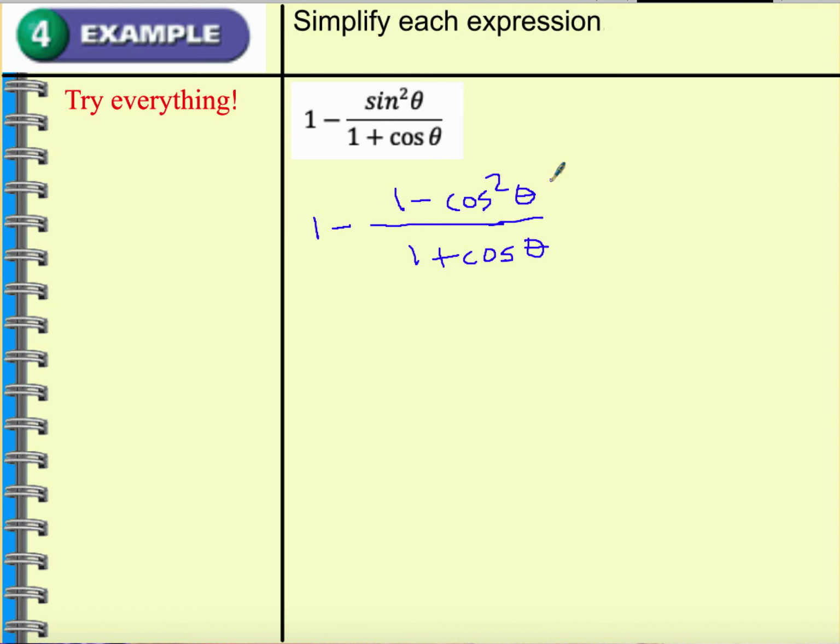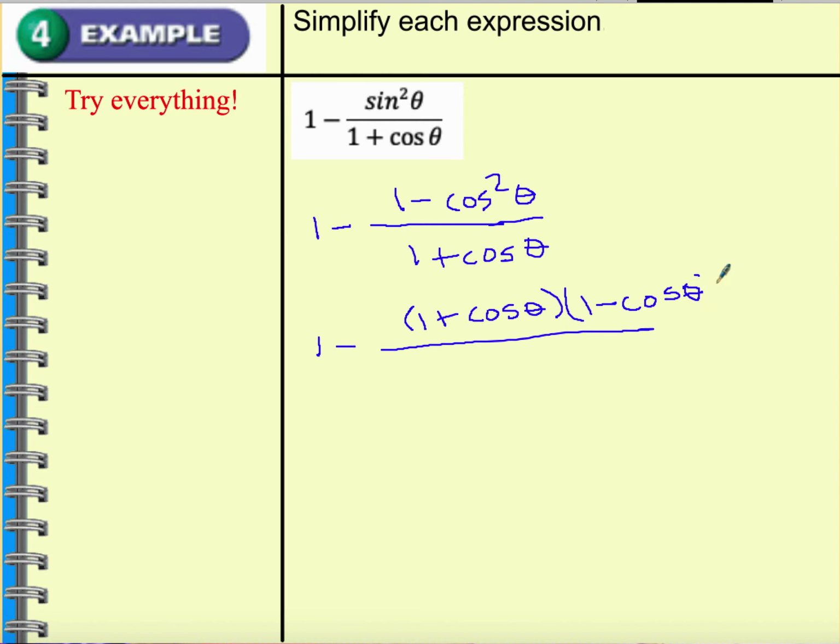One of the things I love about the Pythagorean identities is that they are a difference of 2 squares. One is a perfect square, and cosine squared is another perfect square. With the minus sign in between, it's a difference. So that thing is totally factorable. It's factorable as 1 plus cosine times 1 minus cosine.